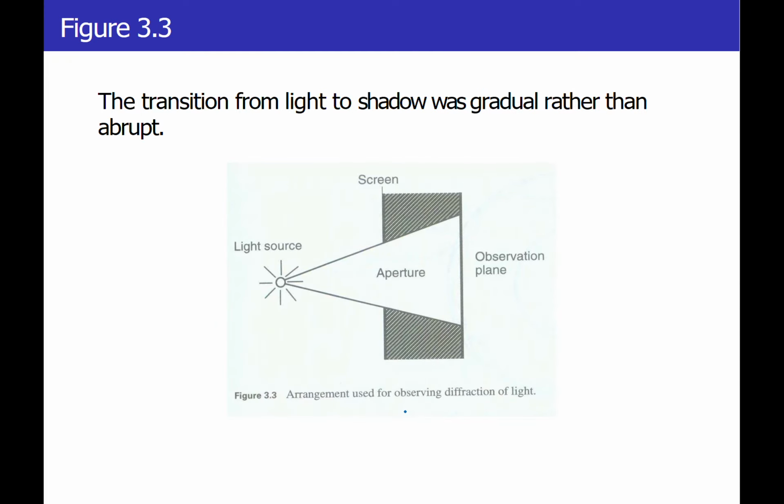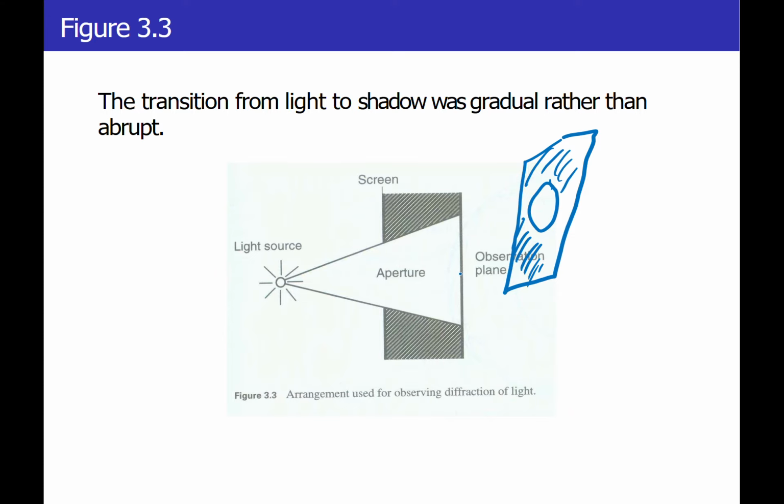So if we have a certain aperture, think about the case where it is opaque, and then we have an open aperture, it is not governed by ray optics. If it were really governed by ray optics, you would see just this kind of pattern without anything else.